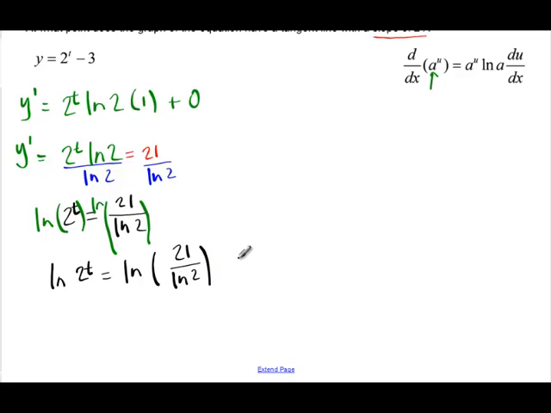Don't panic, it's all okay. Well, inside a natural log, you may or may not remember, but that t can come out front. And so when it does, what we end up with is t times the natural log of 2 is equal to, and remember, if you've got numbers inside, they can subtract, so this would be natural log of 21 minus the natural log of the natural log of 2.